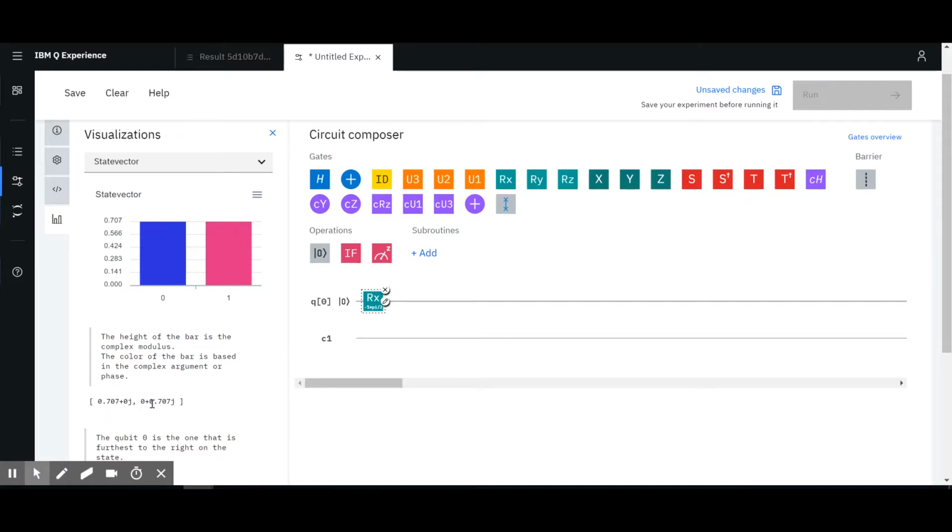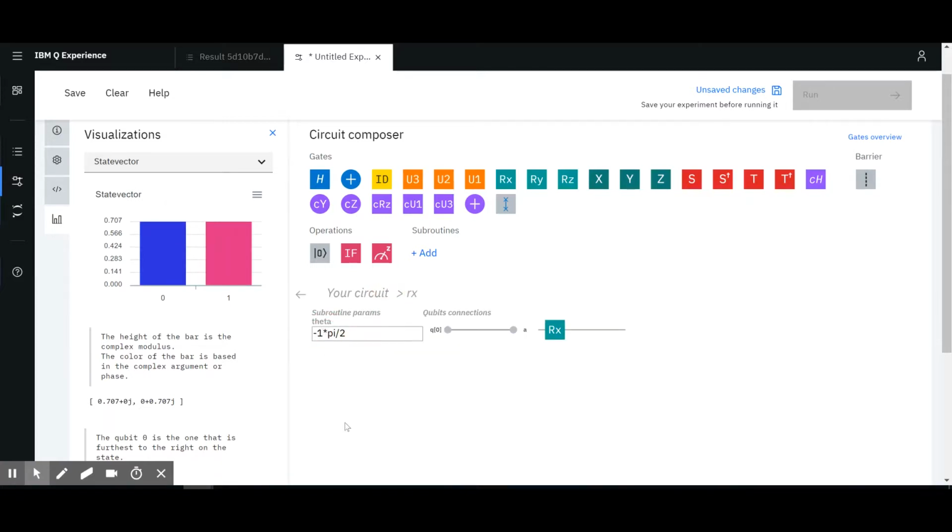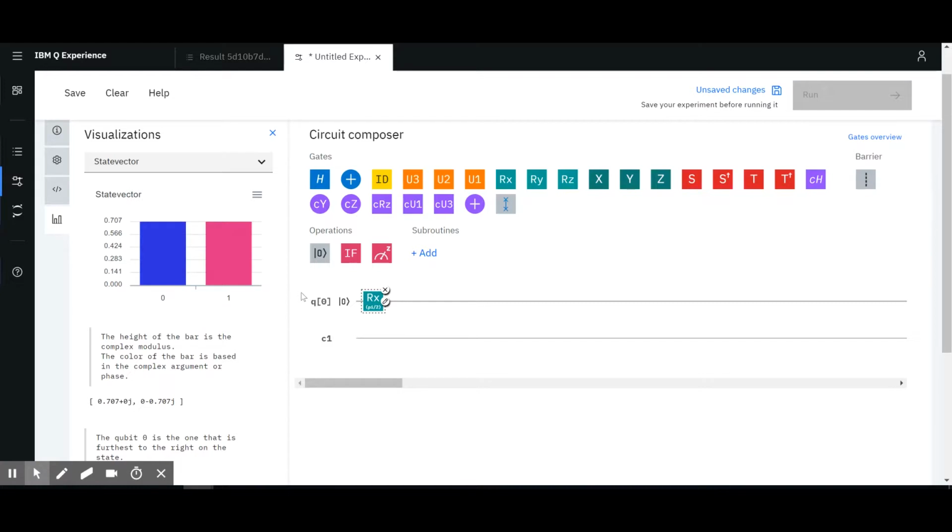Okay, so the sign, forget about that. The color does not reflect the sign in the case of that. Exactly.